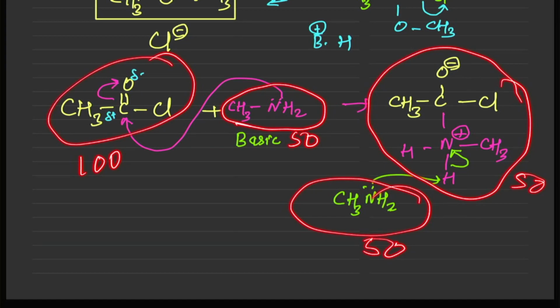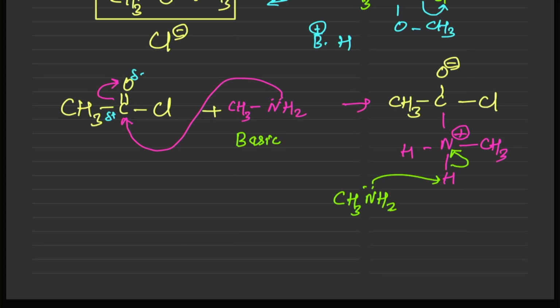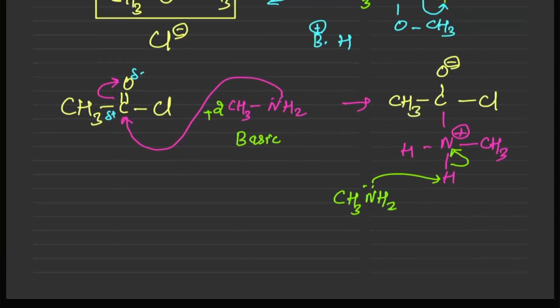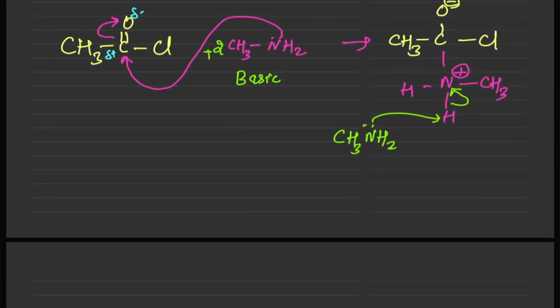You need at least 2x. You will see in your questions it will be written like this: twice as much, what would be the product? So one of these would need at least 2 of these to react. Again, this reaction is called aminolysis.